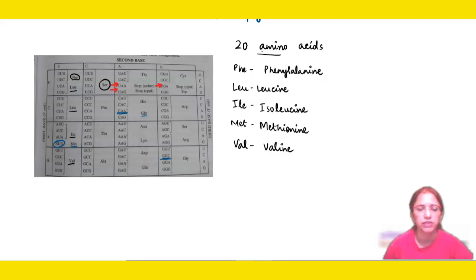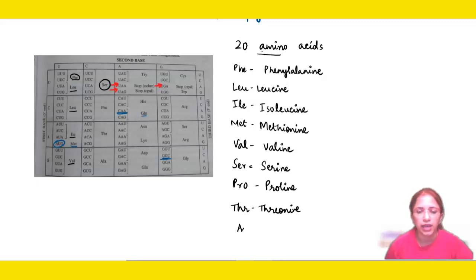We are proceeding to the second column, and the first amino acid given is SER, which stands for serine. Then we have PRO, which stands for proline. Then we have THR, and it stands for threonine. ALA, it means alanine. Okay. Now we are coming to the third column, and the first amino acid is TYR.